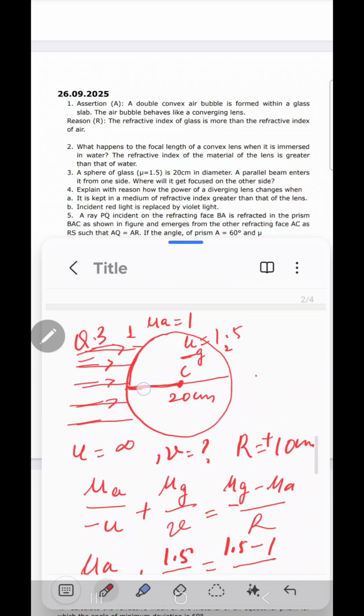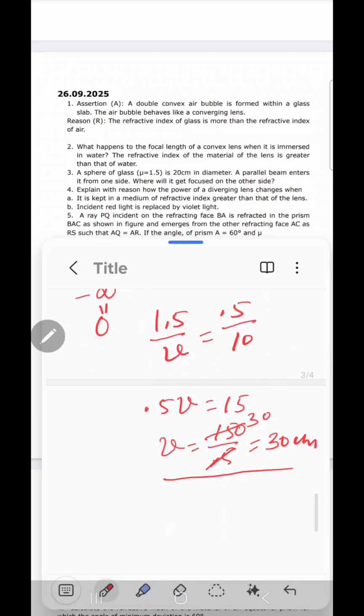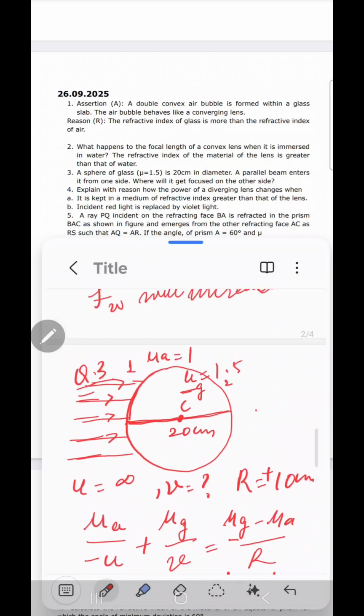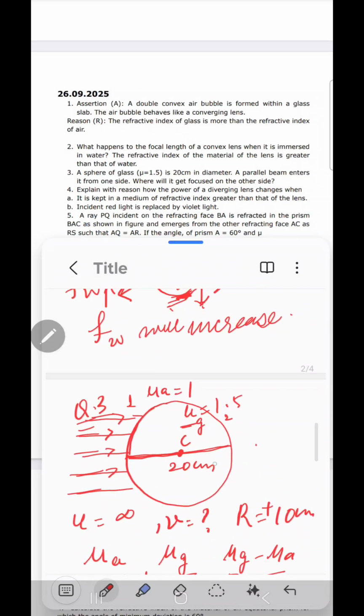Now you see, this is 20 and the image is being formed at 30 centimeter. It means if the second surface is not there, we would get the image somewhere here, 30 centimeter. So these rays are going to get focused at 30 centimeter if the second surface is not there, but the second surface is there, so we have to show the refraction here also.